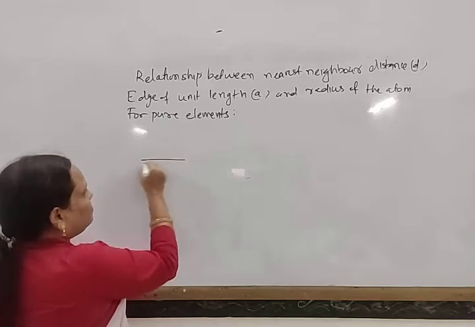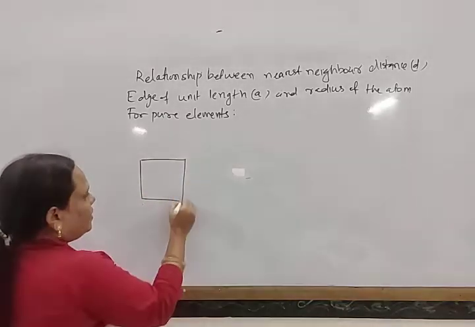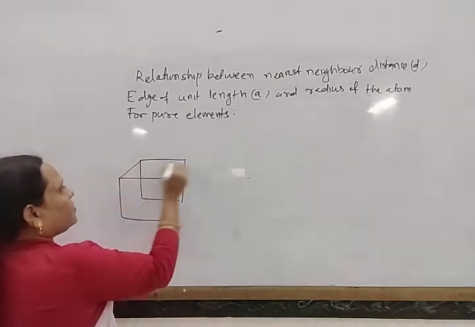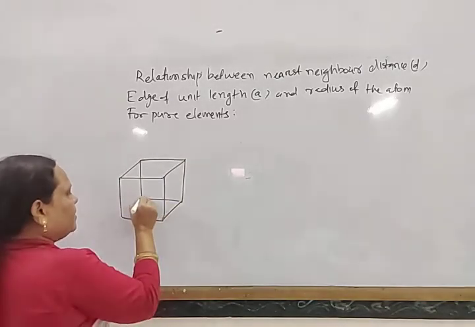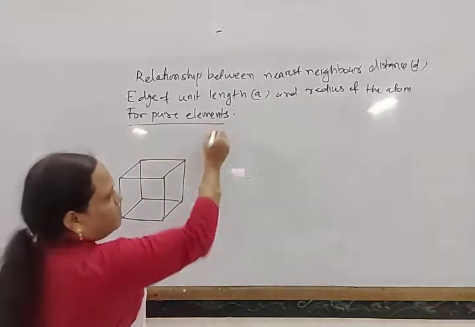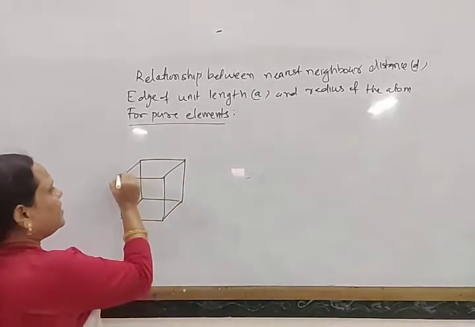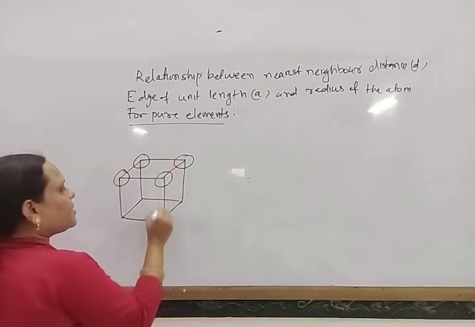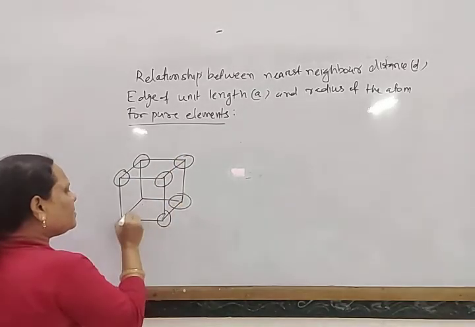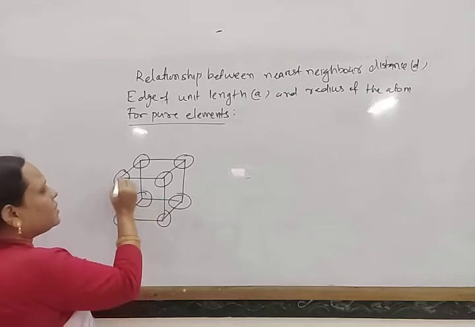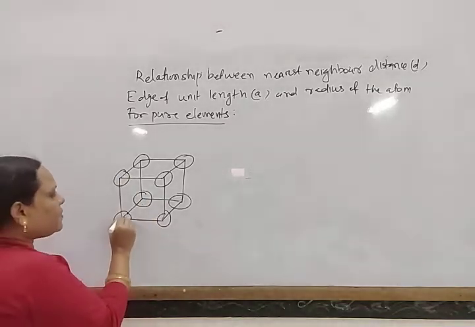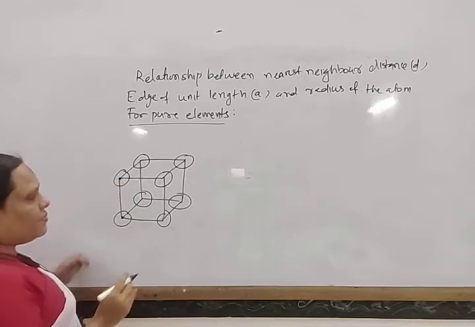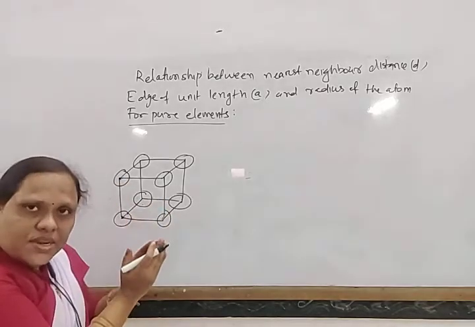Suppose this is the simple cubic crystal. In this simple cubic crystal, particles are present, and since it is given for pure elements, that means atoms are present. The nearest neighbor distance means the distance from the center of one atom to the center of another atom.